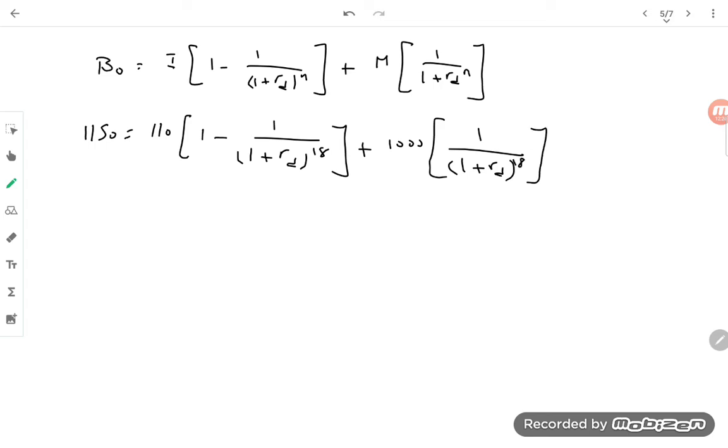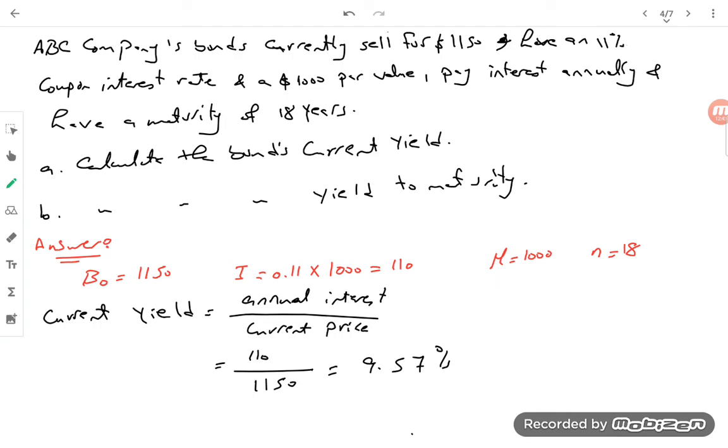In this case, we are going to use a trial and error method in order to find the value of RD, which means that we are going to try 10%, 11%, 9%, something like that. Actually, the selling price is 1150 and the par value is 1000. So this means that selling price is greater than par value.